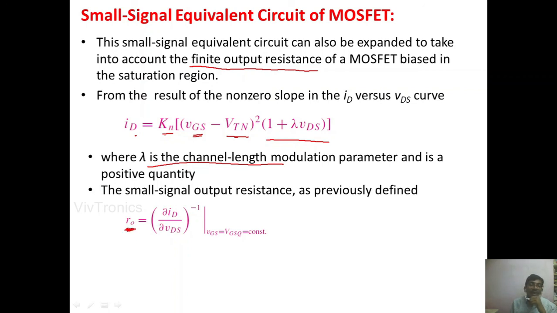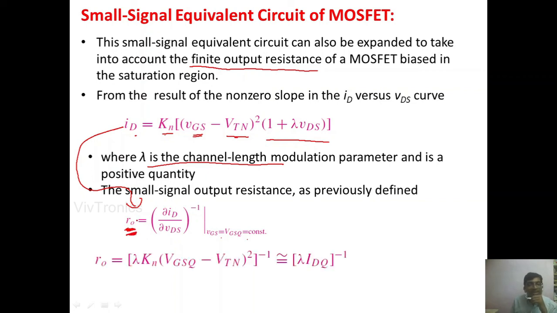As we require the resistance, we have taken the inverse of dou ID by dou VDS, which means dou VDS by dou ID, and that is nothing but the output resistance r0, at VGS equal to VGSQ, which is a constant voltage. At this point we are going to substitute the value of ID in this equation so that we can get the output resistance r0.